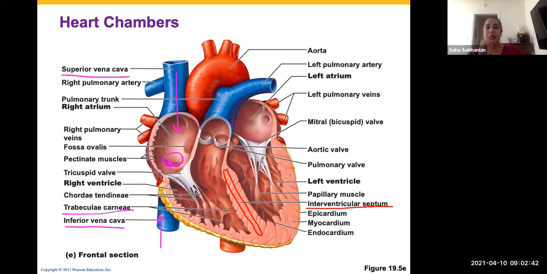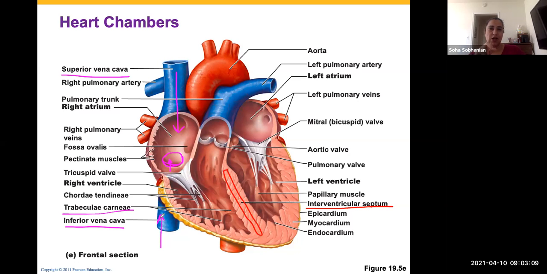Okay. Now I have a question for you first. Let's look at the left side of the heart. The blood vessels, the veins that are coming into my left atrium. Take a second to imagine it. What kind of blood are they carrying?